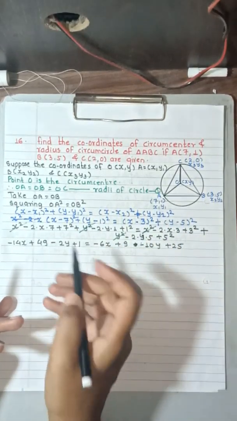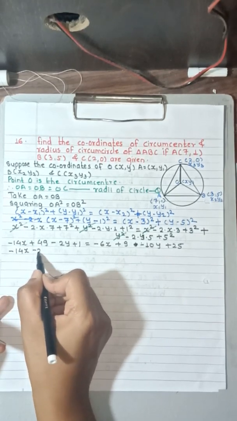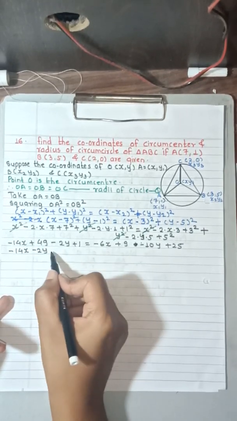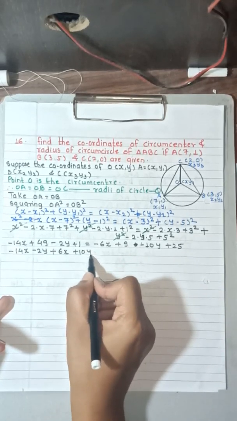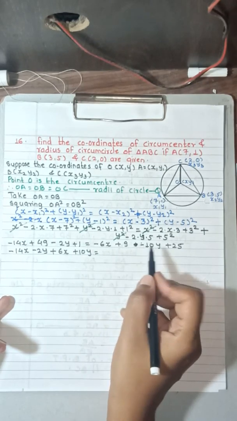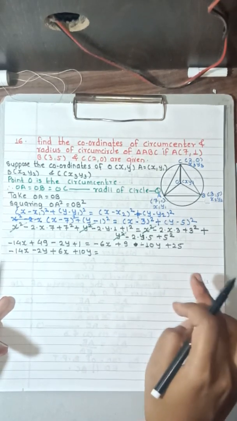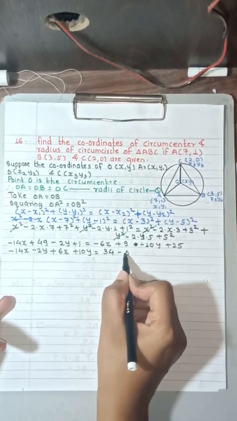This will be minus 14x minus 2y, this 6 will come here, that will become plus 6x plus 10y is equal to 49 plus 1 is 50. And 25 plus 9 is 34, so it will be 34 minus 50.